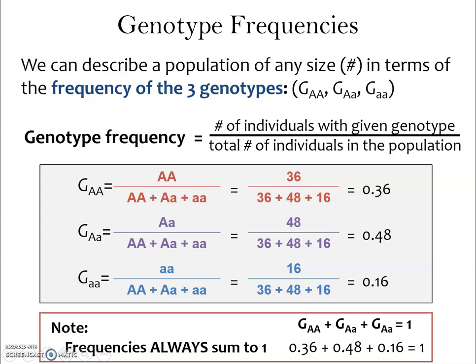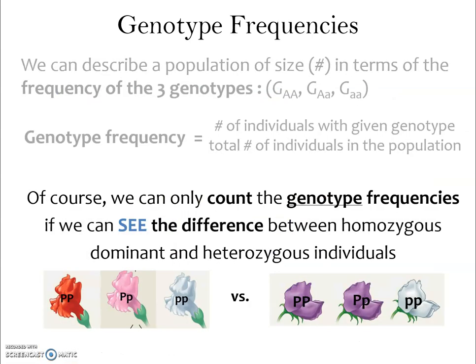All right, so we just did going from genotype numbers to genotype frequencies, and this is going to let us convert to allele frequencies with some simplicity. A side note, we can only literally count the genotype frequencies if we can see the difference between homozygous dominant individuals and heterozygous individuals.